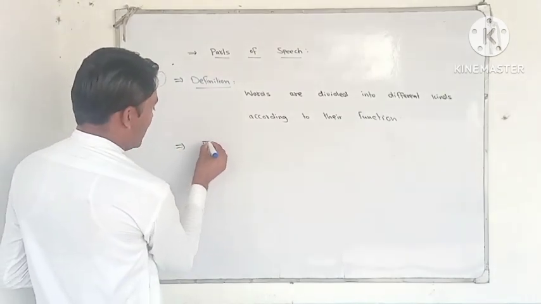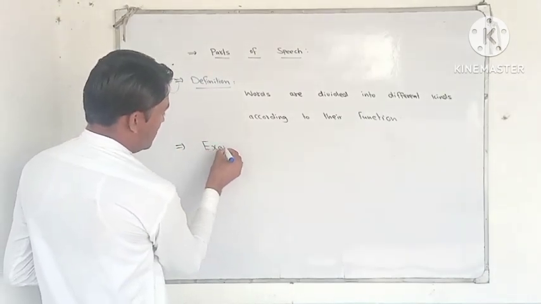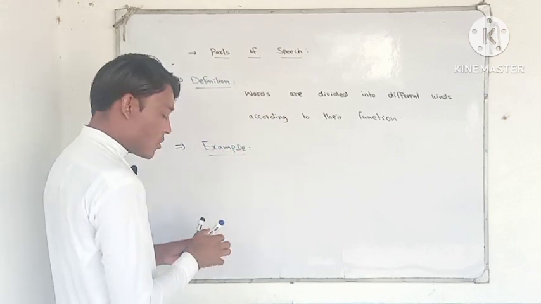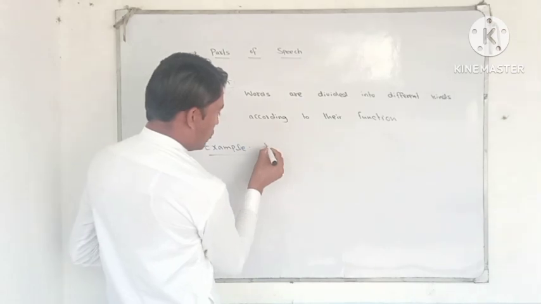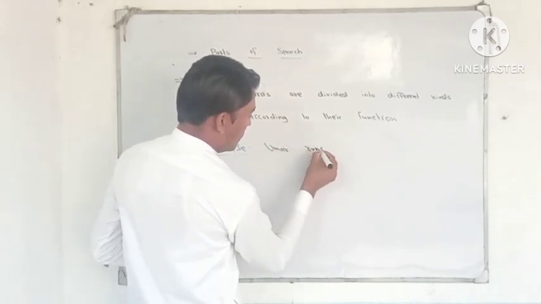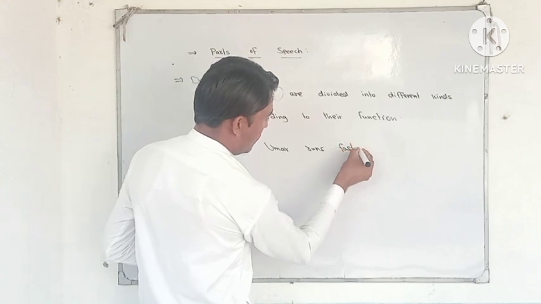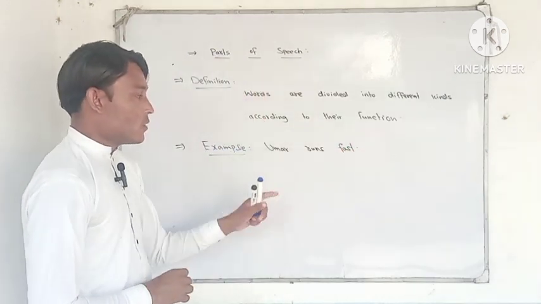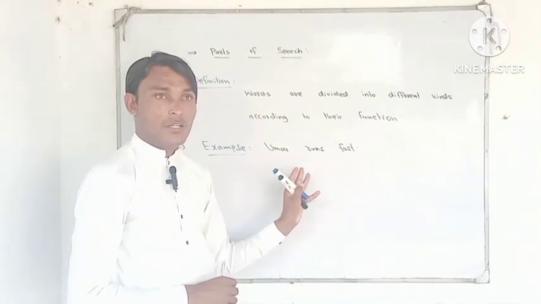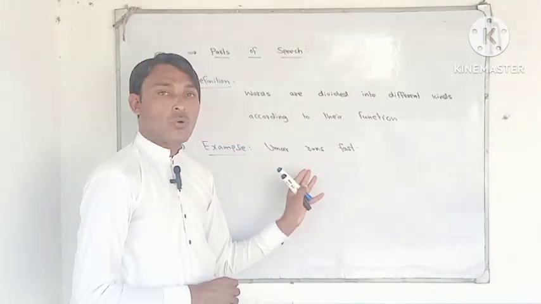The example is: Omar runs fast. These are the words in this sentence, and these words have their own functions.